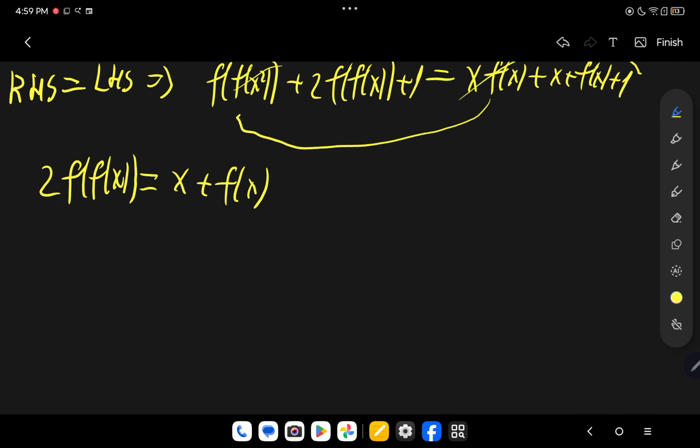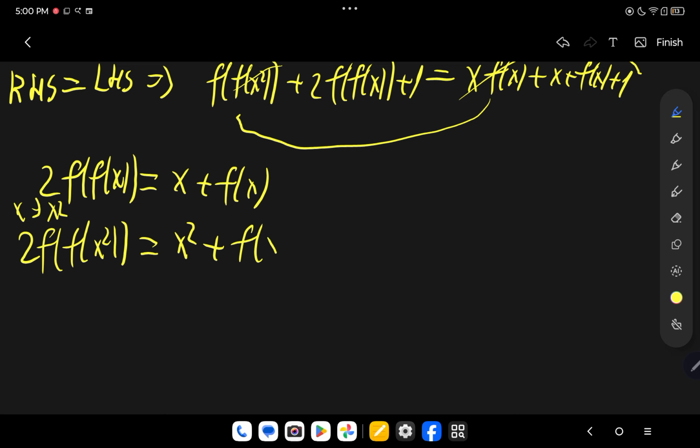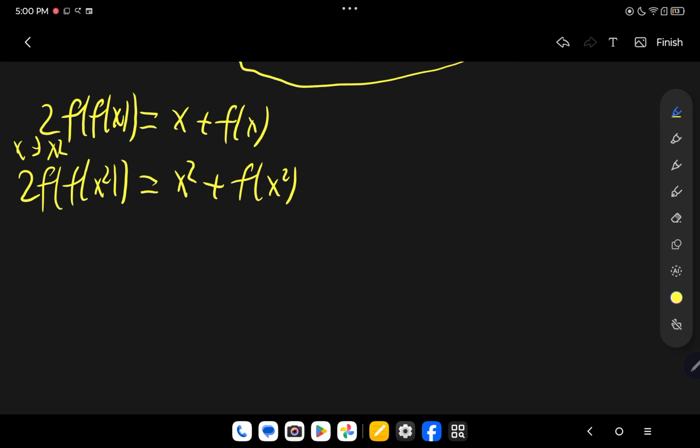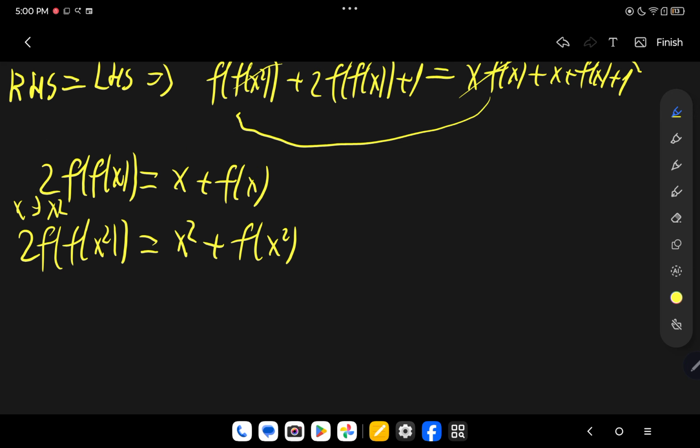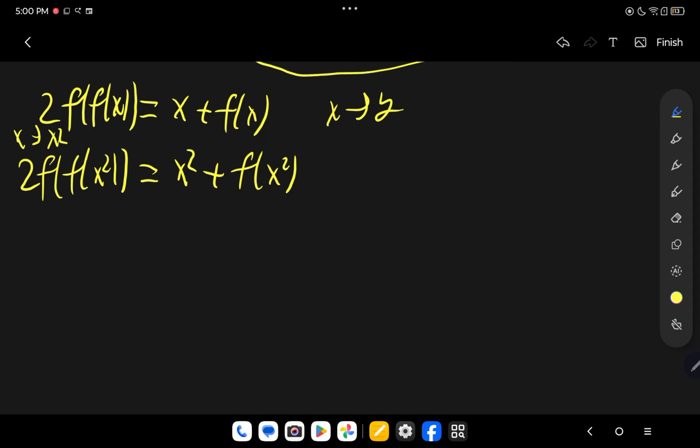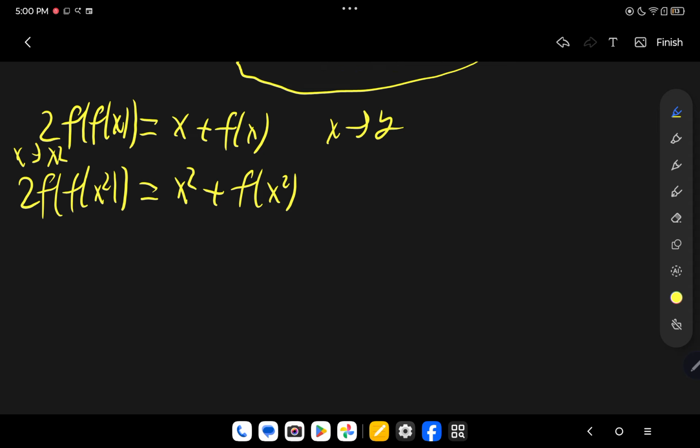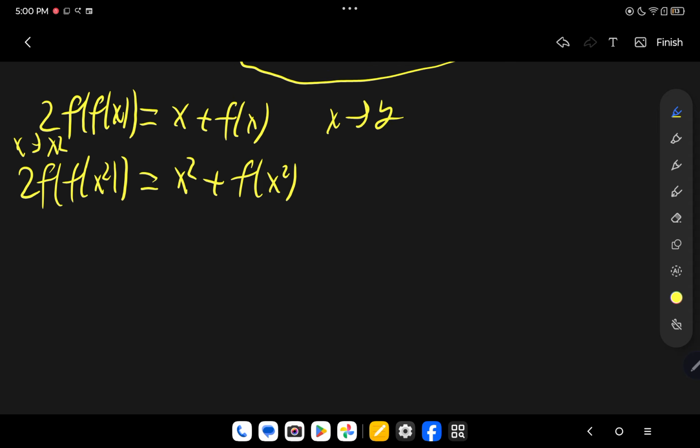Now we will replace x with x square, so we will get 2 times f(x) square equals x square plus f(x square). This is also a useful trick, to replace things with the others. It helps you not get stuck at some point.